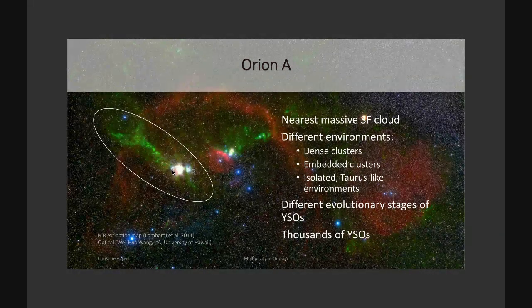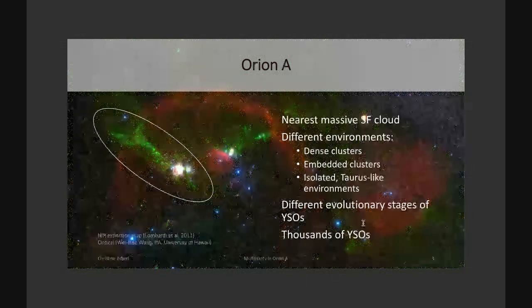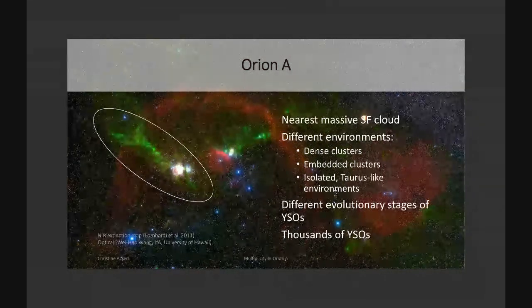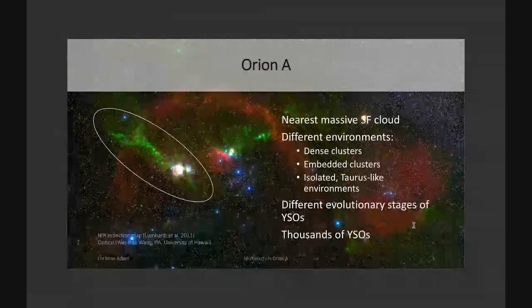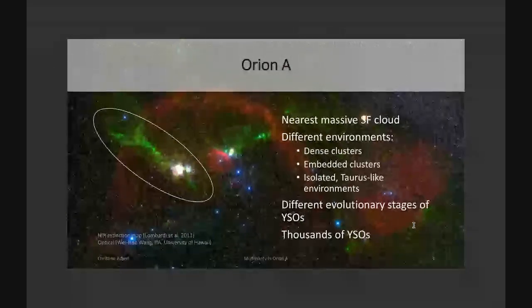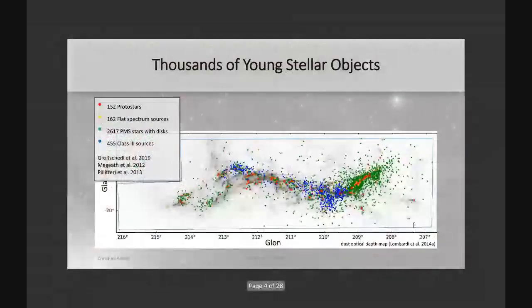So this makes it very easy to compare results from different environments. Second, we also have different evolutionary stages of YSOs here, which I will point out later. And the most important thing, we have thousands of YSOs, so a very large sample of young stellar objects that we can investigate.